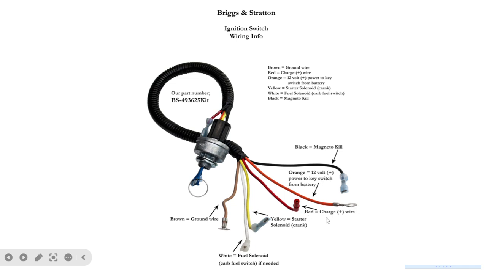The next red one is connected to the charge positive wire. The yellow starter wire is connected to the starter solenoid, for cranking purposes, and this white wire is the fuel solenoid, car fuel switch if needed. These are some extra additional features we would have to go deeper to get information about. And for this brown wire, they don't mention the purpose.